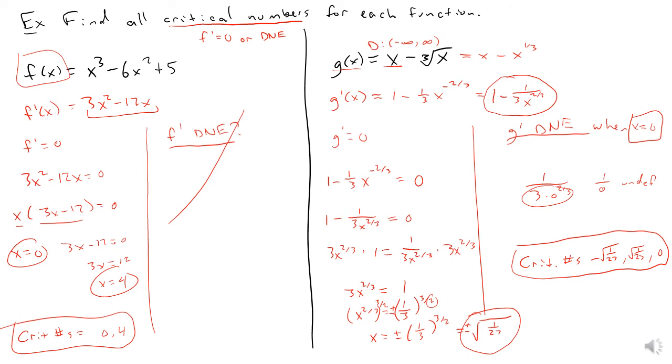Those are x values where if we were to graph this function g of x, we might have extrema. Those are giving us the candidates for possible locations of extrema, maximum or minimum values. We don't know yet whether these x values will give us a max or min or neither, but that's where we're headed in some of our next lessons.